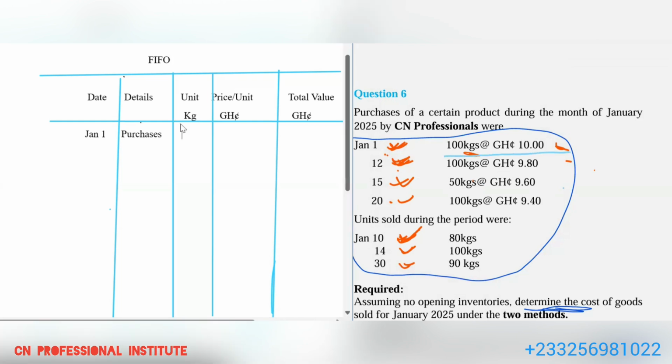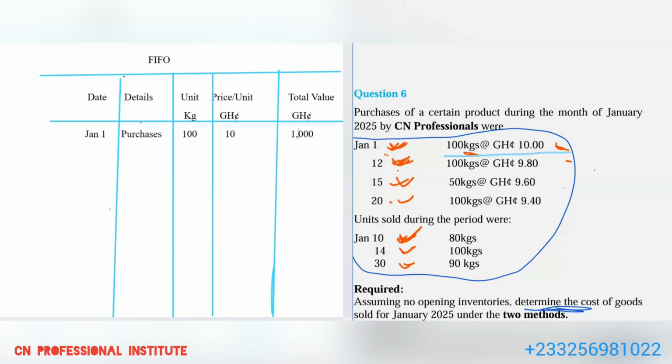That's the unit we purchased. So 100 kg, then the price is 10 cedis. If you multiply 100 by 10, it is going to be 1,000. So 1,000 cedis. That's the value of inventory we have.